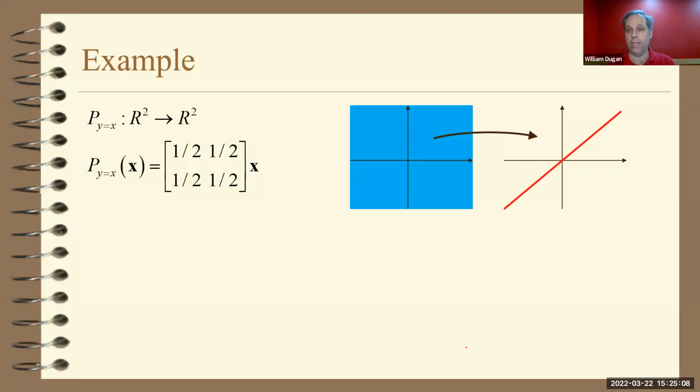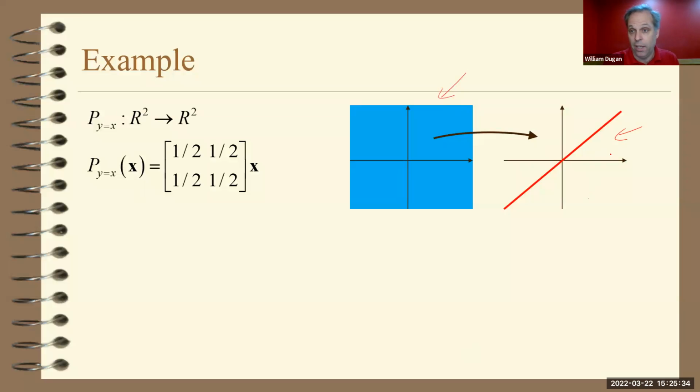What if you map the entire plane? If you map the entire plane, that means projecting every single vector in the plane onto the line y equals x. Of course, you go from a two-dimensional object to a one-dimensional object. And that agrees with both of my statements, because the dimension of the target space is no more than the dimension of the original space.